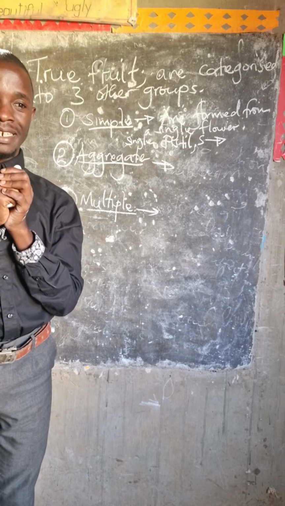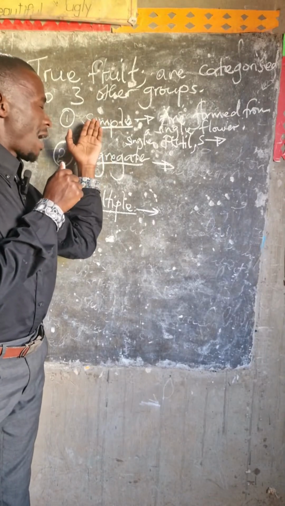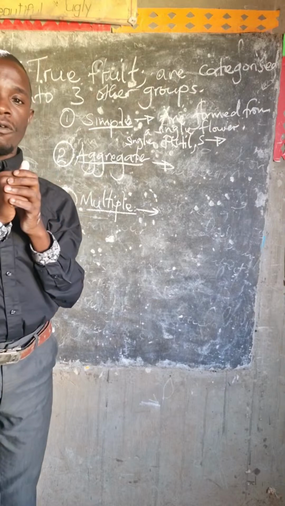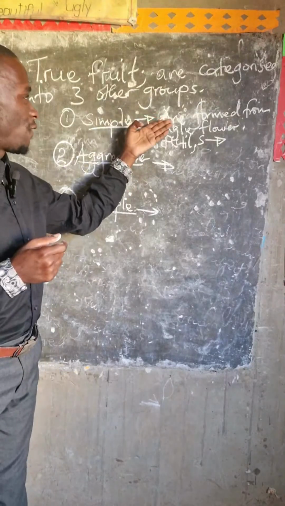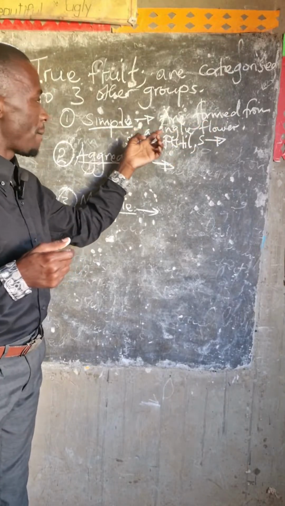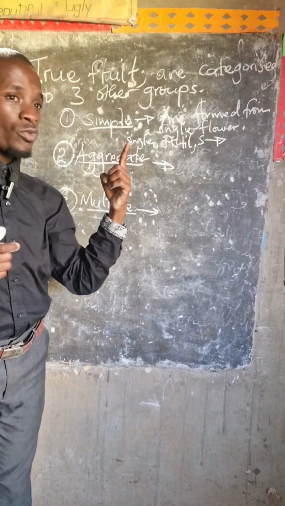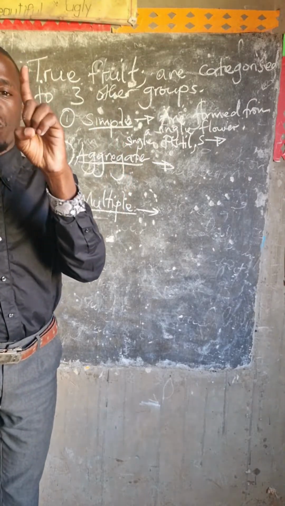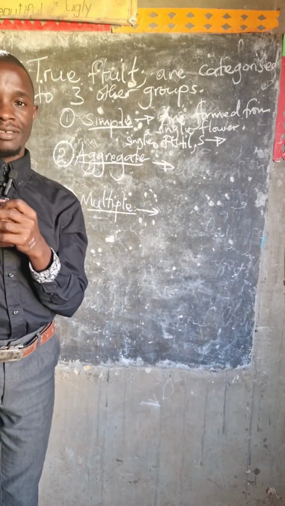Let me come again. The aggregate and simple fruits are made up of one flower each. But for the simple ones, they are made up of a single flower with a pistil made up of one couple or several couples, but fused.